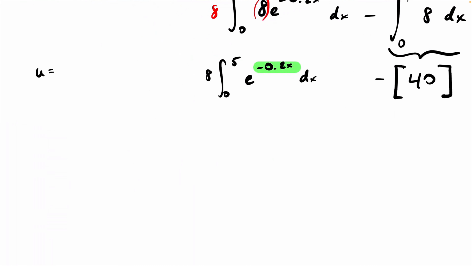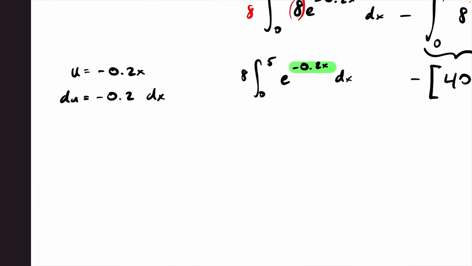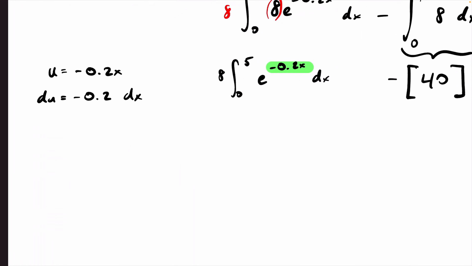So u is negative 0.2x. What would its derivative be? Negative 0.2 dx, divide both sides. So here's the thing. Negative 0.2, I don't like dividing by fractions, so I'm going to change it to what it actually is. It's negative 1/5.